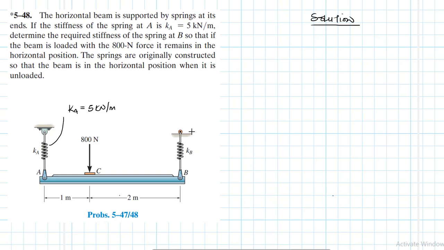To start with, we are going to draw a free body diagram. We find the reactions at A and B. And after we've done so, with the reactions at A, we are going to find the stretch of the spring. We'll find the stretch of the spring that I'm going to call, what will I call this stretch?